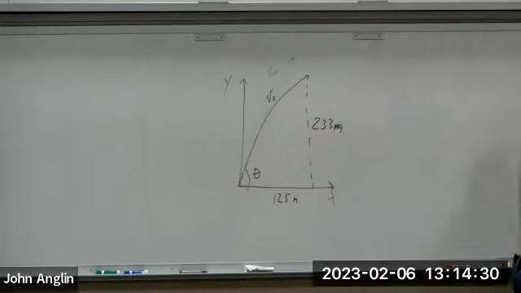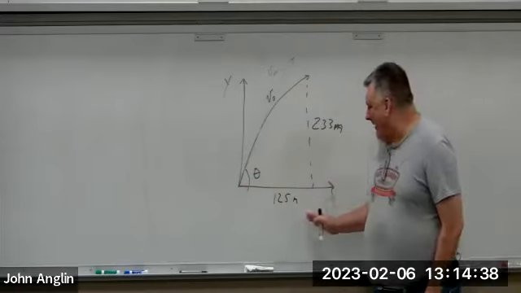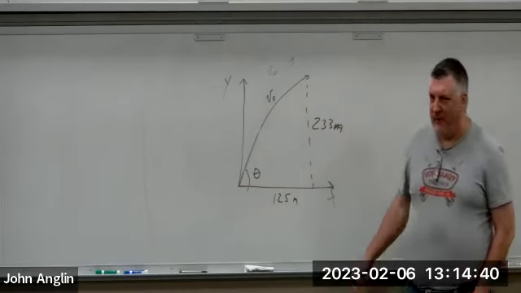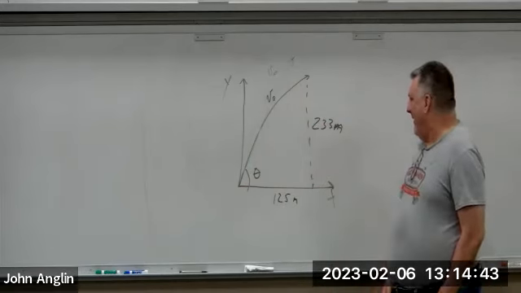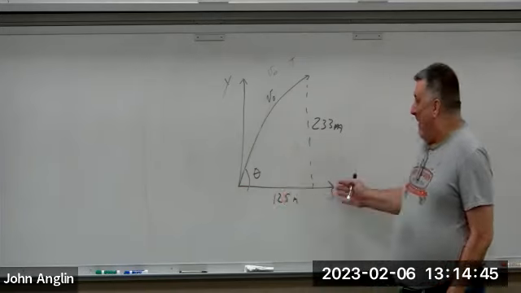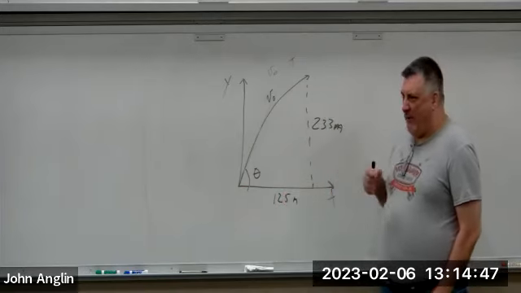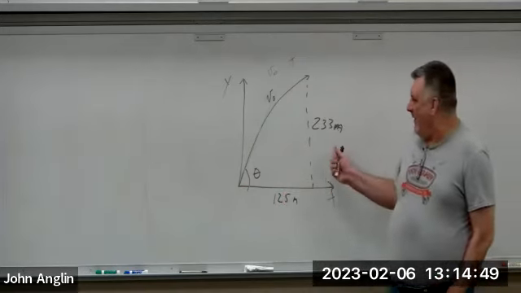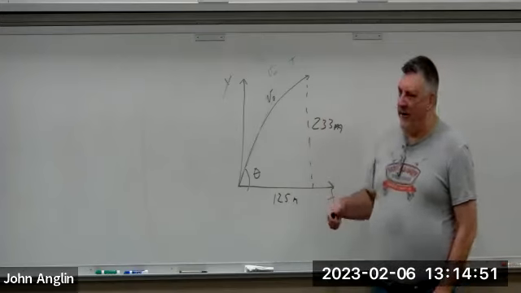That's probably a more practical problem. If I'm setting up this fireworks display, and I know that my crowd is 125 meters away from wherever I'm shooting this thing off, and I want to make sure that I get a particular altitude. Well, maybe I don't want 233 meters.